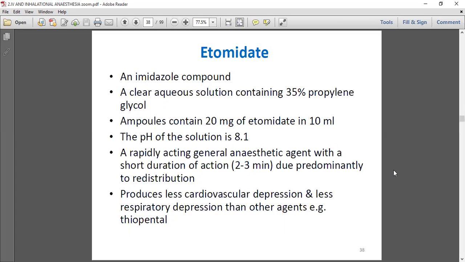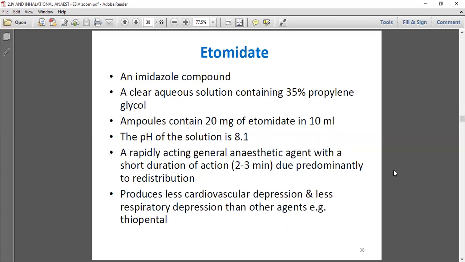Etomidate. Etomidate is an imidazole compound. Remember, we all know imidazole is like ketoconazole. It has its own ring shape, which I didn't draw.